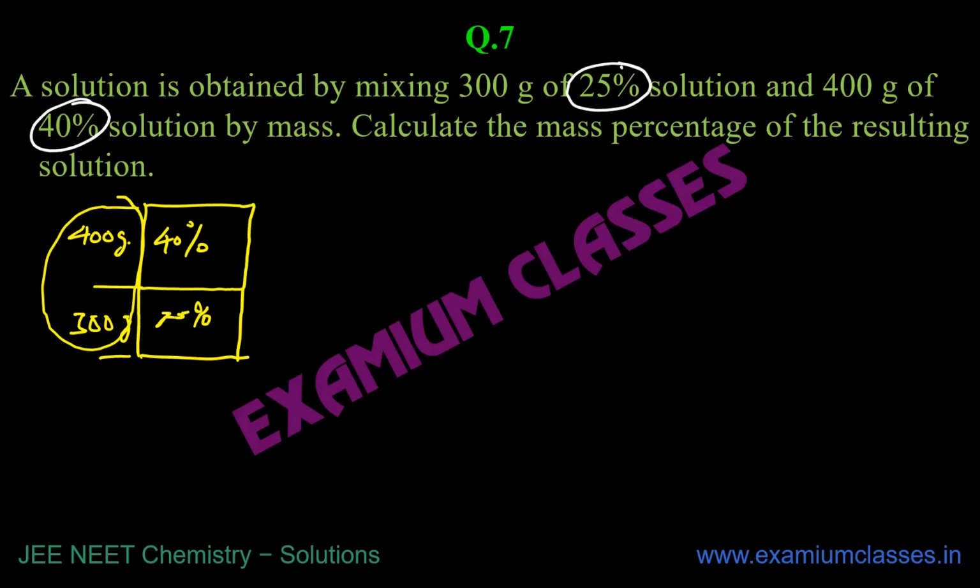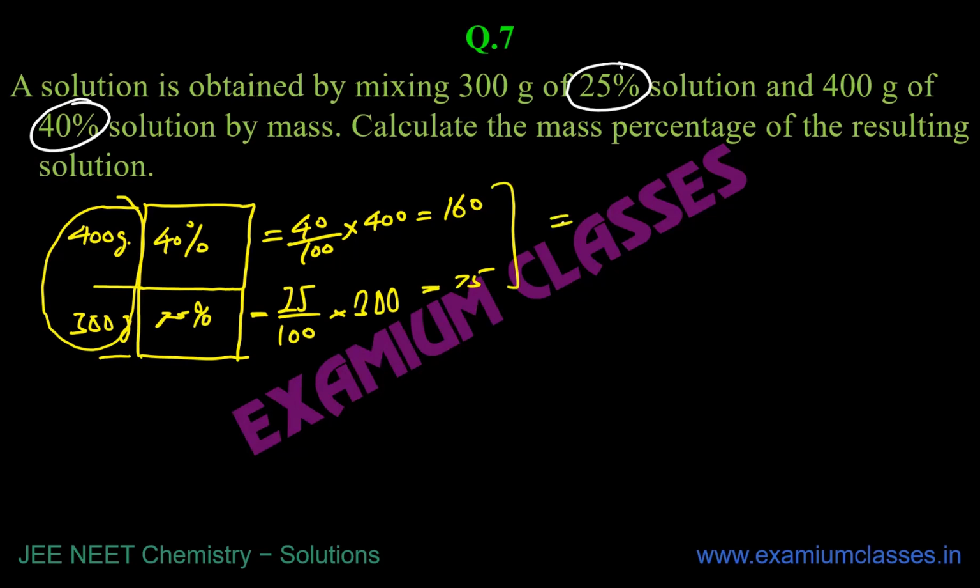That's what you do. So 40% of 400 grams will be how much? 40% of 400 will be how much? 160, right? 25% of 300 will be how much? 75.